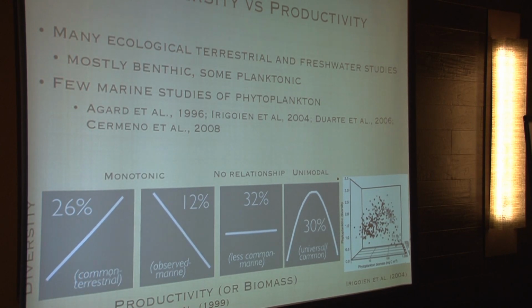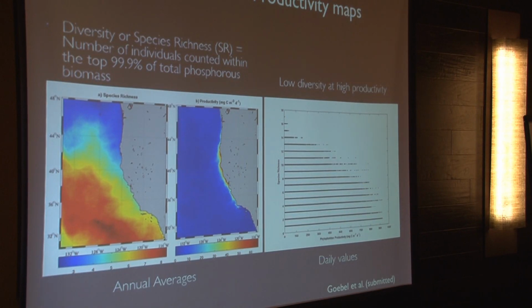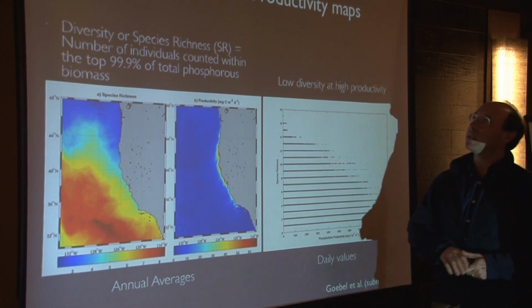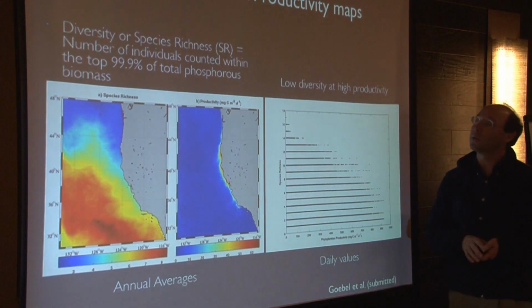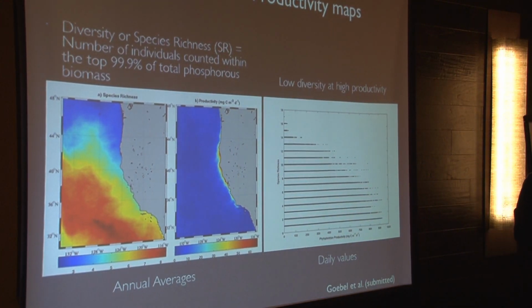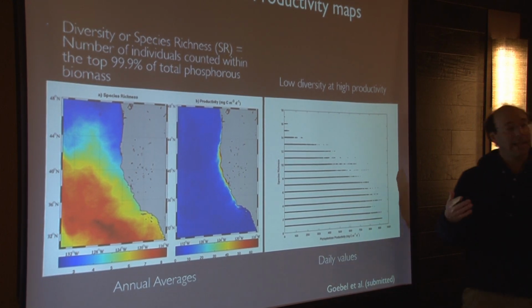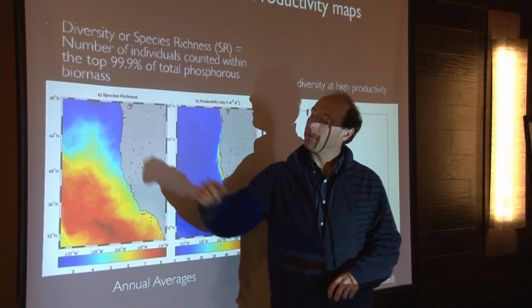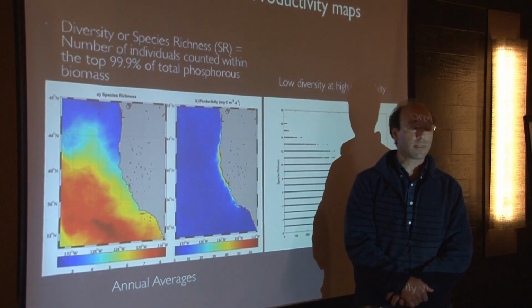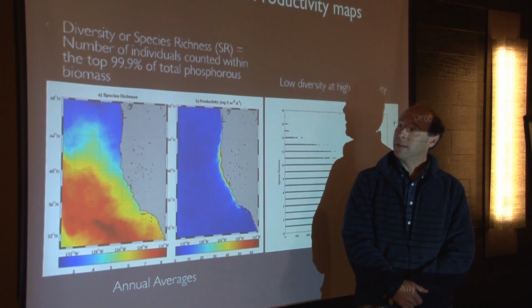And so we used our model to examine that, and we defined biodiversity to be represented as species richness. So we counted the number of individuals that contributed to the upper 99.9% of the biomass, and a map of the annual average of that richness field is shown in the left panel here.